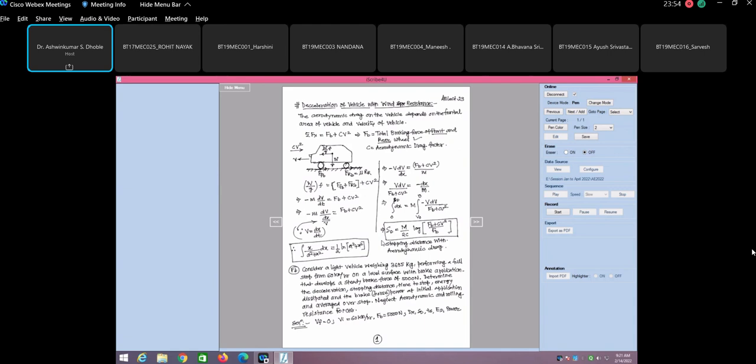That means drag and rolling resistance are to be neglected. Sir, how will we do it? First, find the deceleration using the deceleration formula. Shall I shift to the next page?